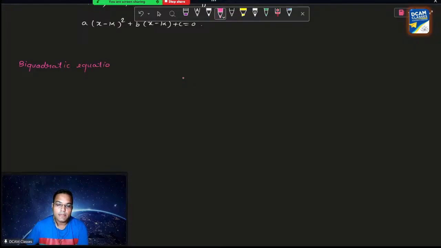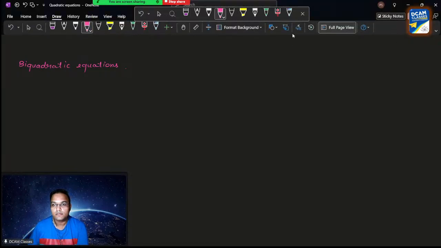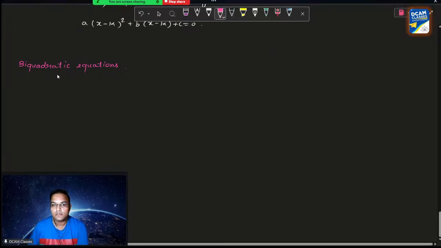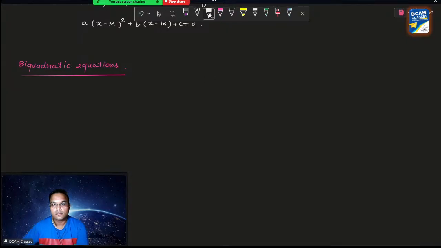What are these biquadratic equations? See, a biquadratic equation means a power 4 type of equation, and the concept that I'm going to tell you applies for equations higher than power 4 also.